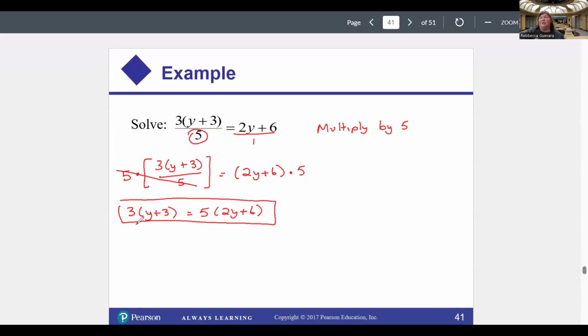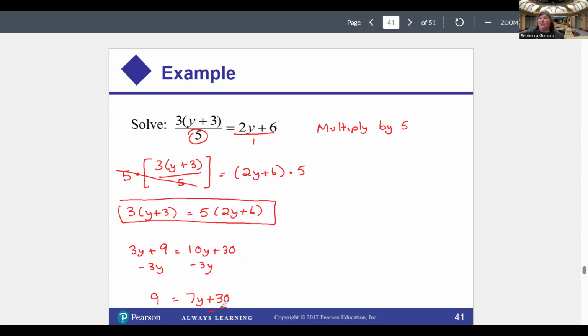So if I keep on going, if I distribute my 3s, I have 3y plus 9. Here I have 10y plus 30. If I subtract 3y from both sides, I'm going to have 9 equals 7y plus 30.